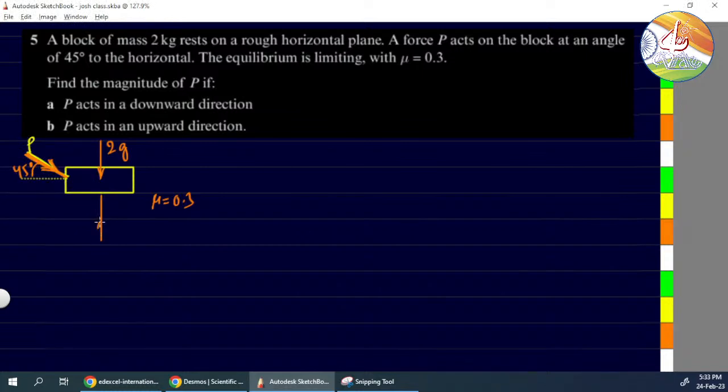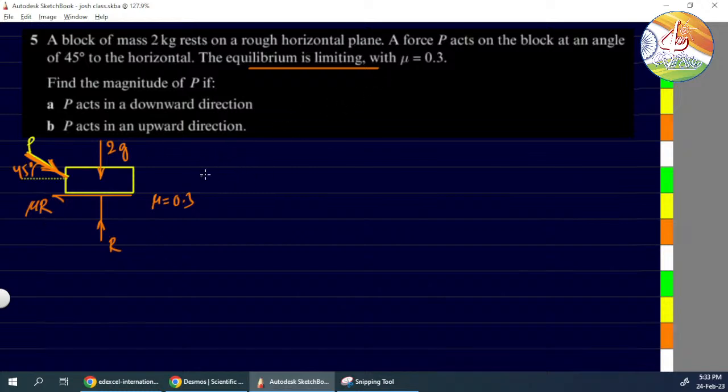So let's put all the forces, reaction force here. Because the object is moving right side, we have to take friction on the left side. Equilibrium is limiting means we have to take this as mu times r, correct? Mu is given as 0.3, so we can take it.